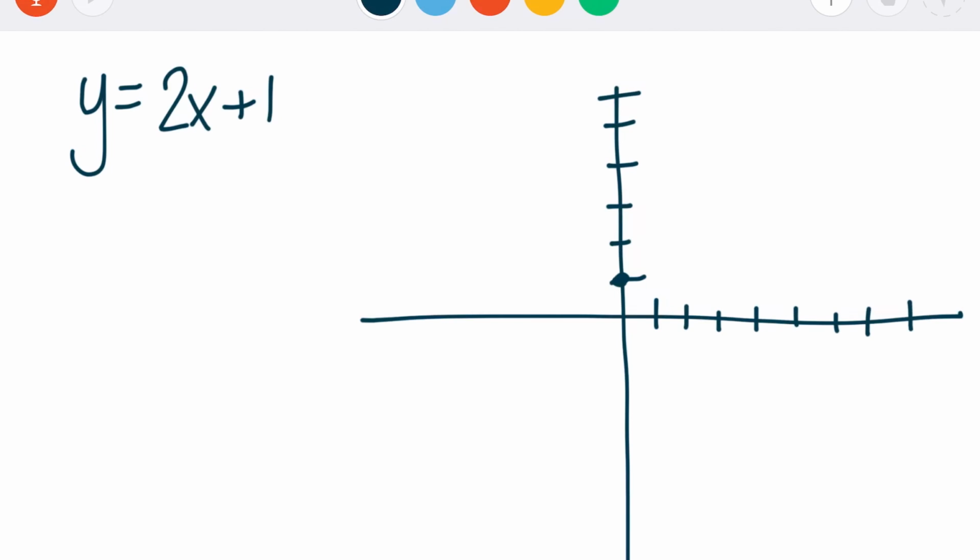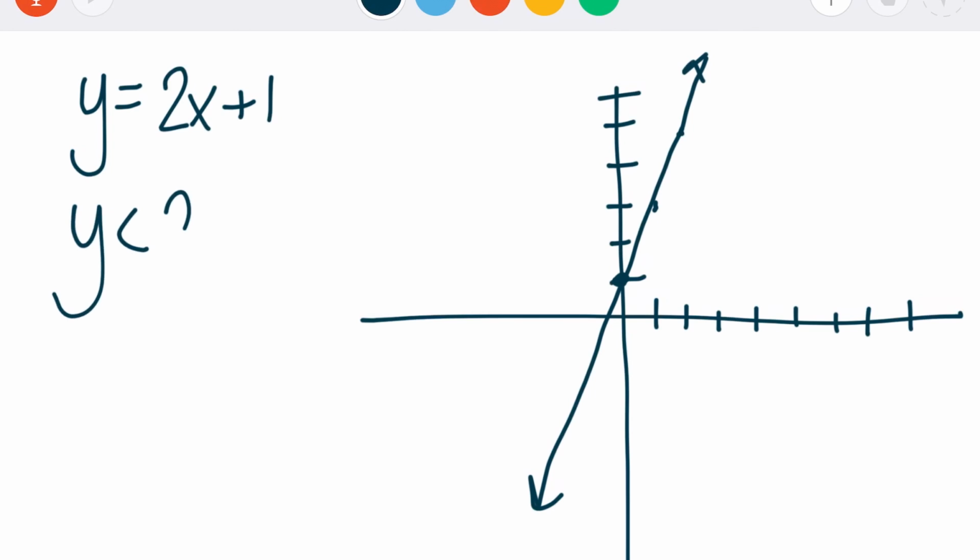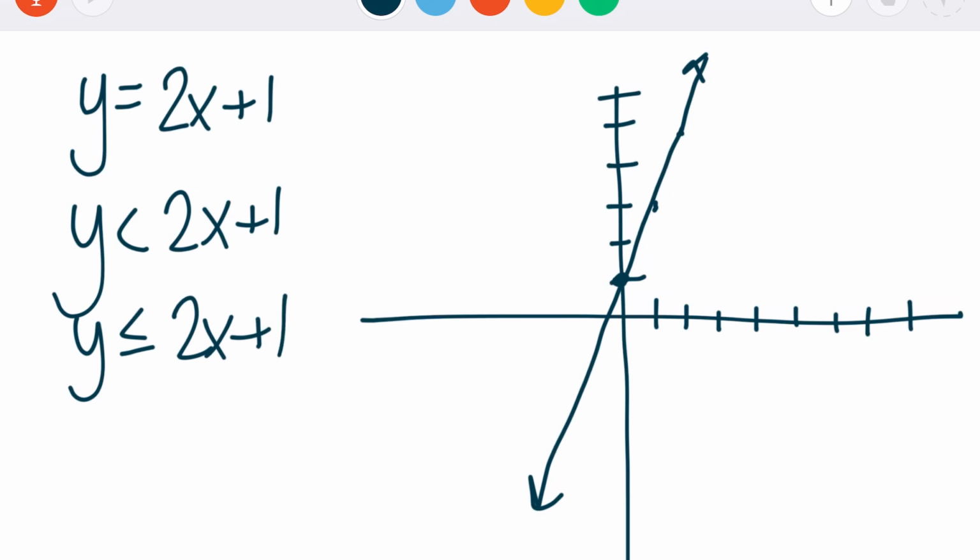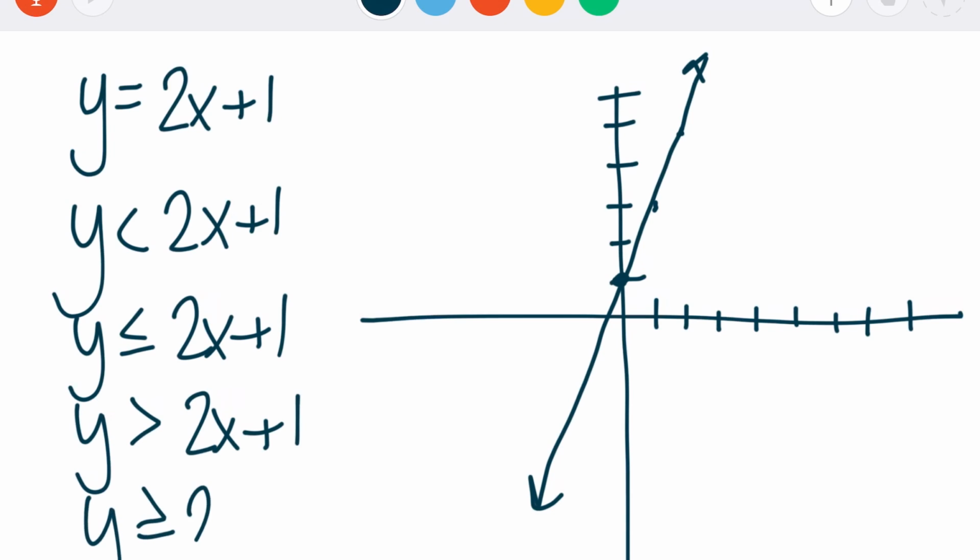And my slope would be up 2 over 1, up 2 over 1. So my line would look like this, right? I'm going to show you what happens when we change the equal sign to an inequality. And we could have 4 different inequalities, and the graph is going to change each time.